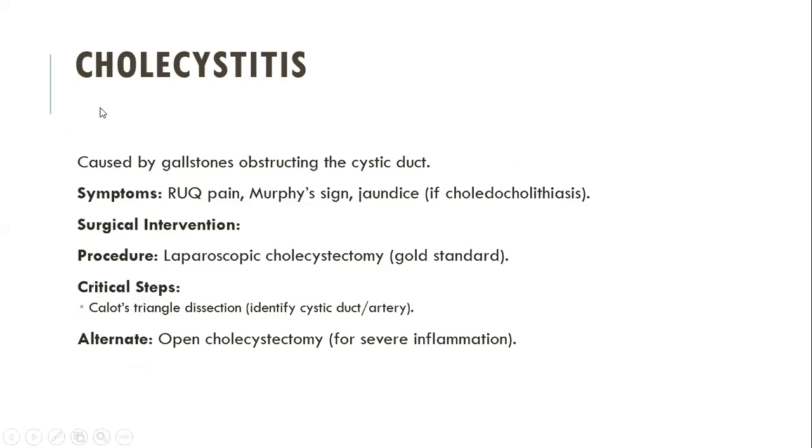The next most common surgical disease we see is cholecystitis, and it is basically caused by gallstones that are obstructing the cystic duct. Now, how cholecystitis presents to us: the patient will be having right upper quadrant pain, and he'll be having Murphy's sign and jaundice if the patient is having choledocholithiasis.